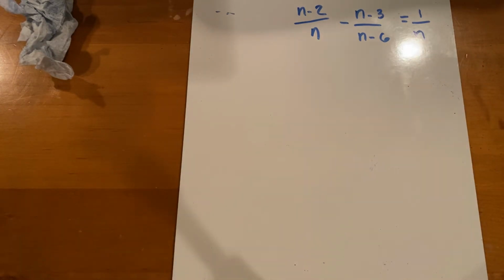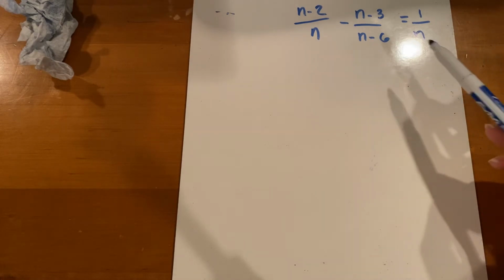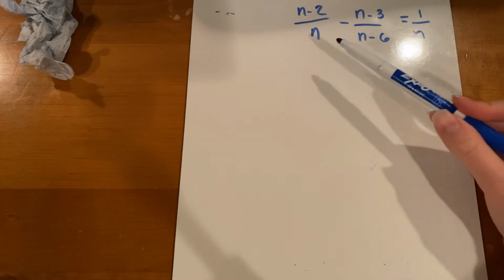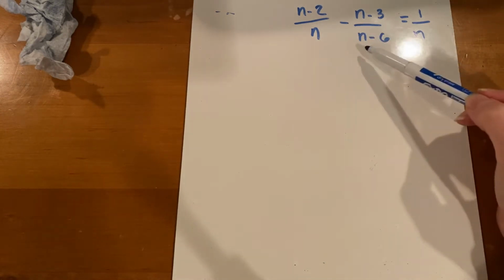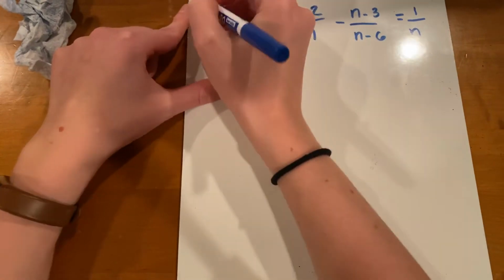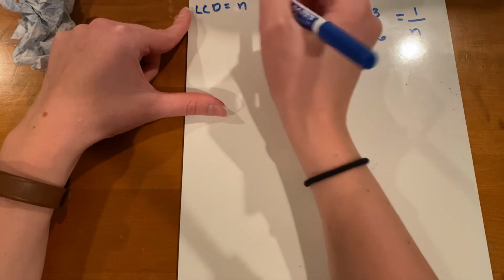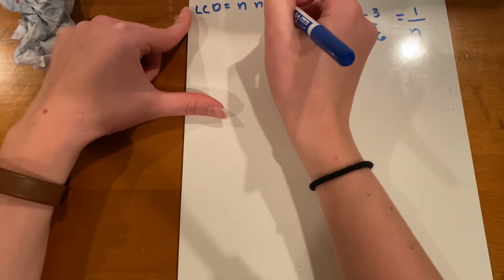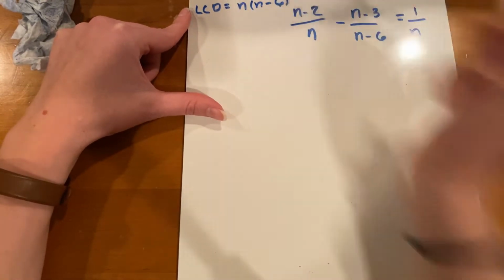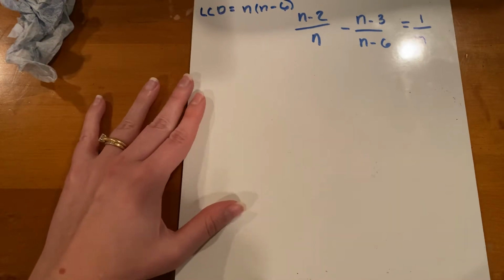How do I get to a common denominator? Well, with this method, we're actually going to eliminate all of our denominators. Remember that our least common denominator is a combination of all of our unique terms through multiplication. So our unique terms are n and n minus 6, which means our least common denominator is n times the quantity n minus 6.